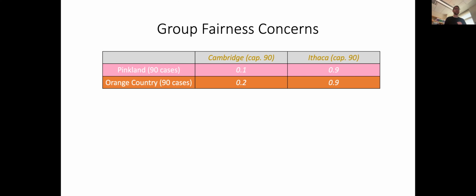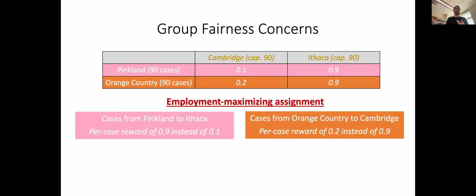Now, because orange country cases have a probability of 0.2 if we send them to Cambridge, which is higher than the probability of pink land cases in Cambridge, if we were to just optimize, we would get an employment maximizing assignment that assigns all cases from pink land to Ithaca because their per case reward there is 0.9 instead of 0.1.